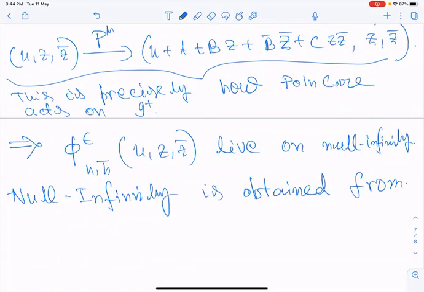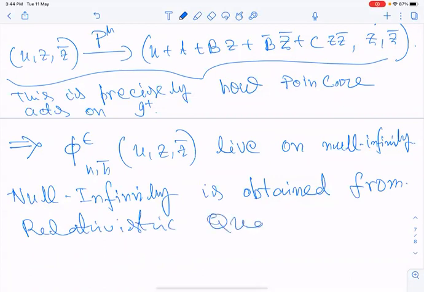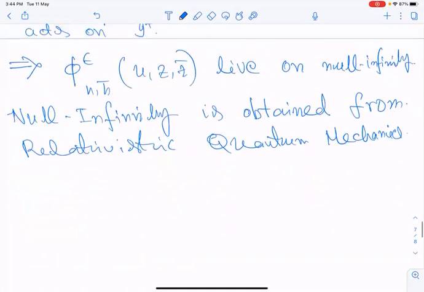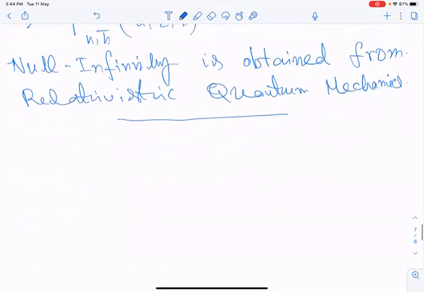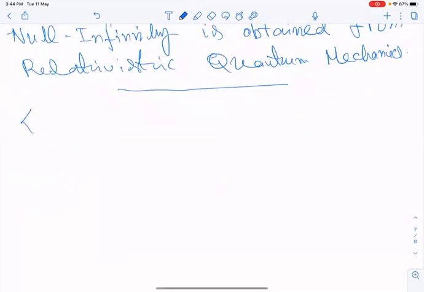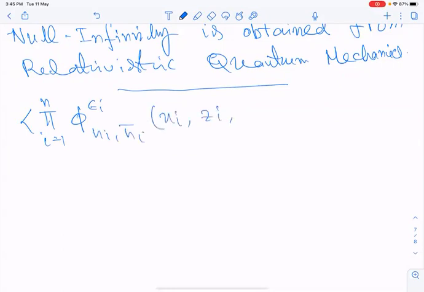I mean, nothing else, without any reference to the bulk space-time. Okay, so now what is the usefulness of these fields? These fields are actually very useful. So what we will do is that we can now define correlation functions of these fields. So it is just a small modification.